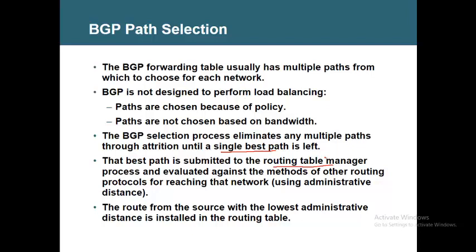The routing table will have only those routes whose administrative distance is lower. So the routing table manager will accept a BGP route only if BGP's administrative distance for those networks is less than the administrative distance of another protocol which may also have the same network.